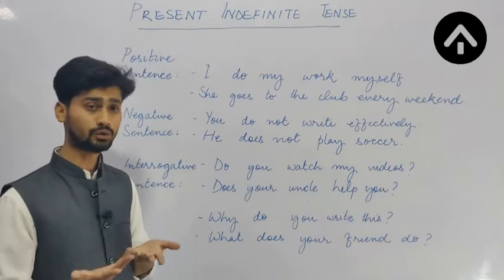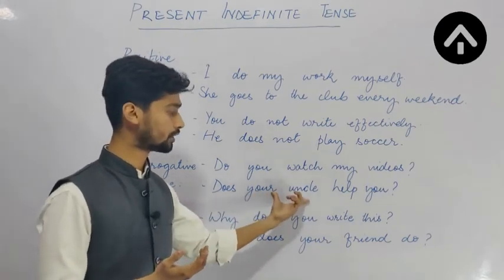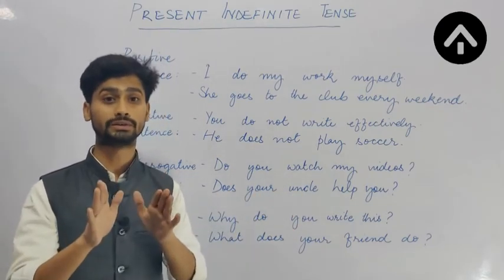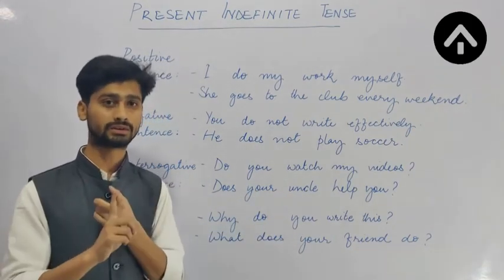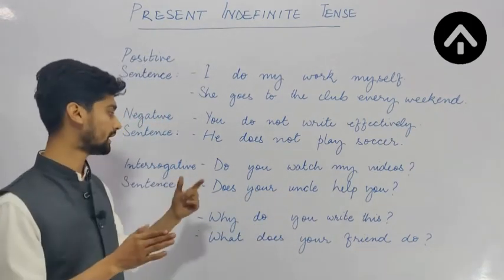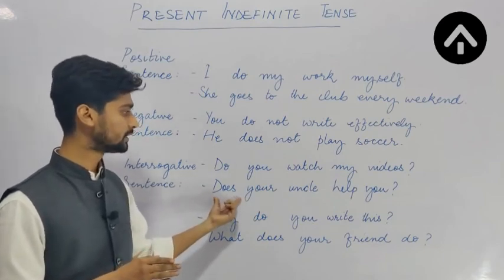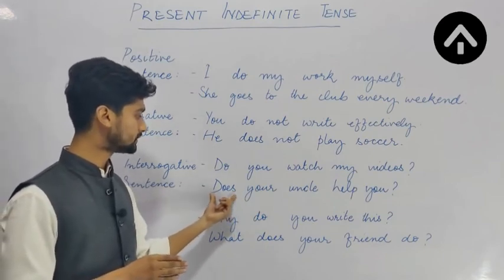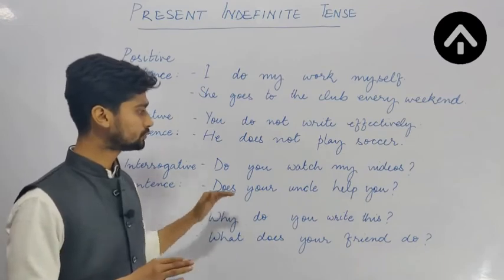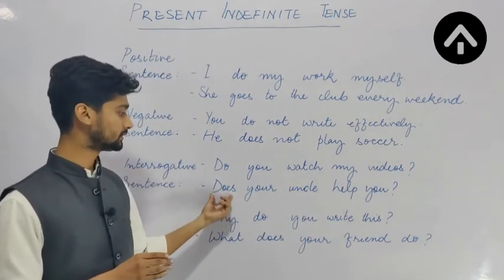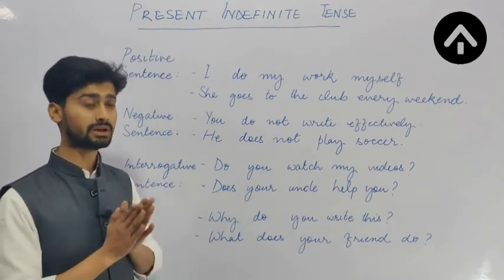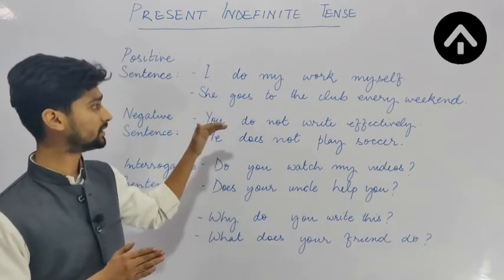So why does, not do? Because of the same reason: your uncle, not your uncles. Your uncle is singular as well as third person, and that is the reason I am adding es here. If I have added es with do, there is no need to add s or es with the main verb. I am adding es in the auxiliary verb, in the helping verb. The same case was there in the negative sentence.